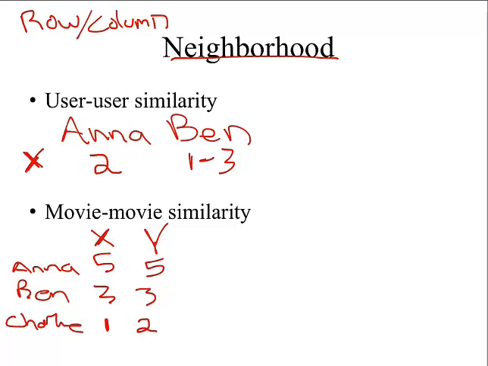Then we see that they seem to be very similar. So if we have another user come along, maybe Dana, and she gives movie X a 4-star rating, then we would predict that she would also give movie Y a pretty high rating.